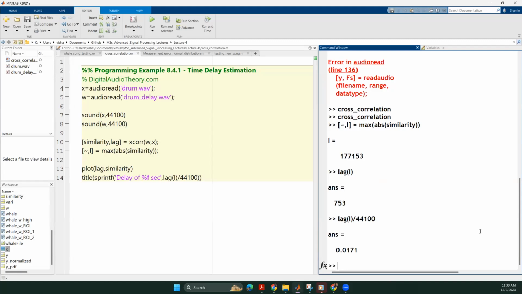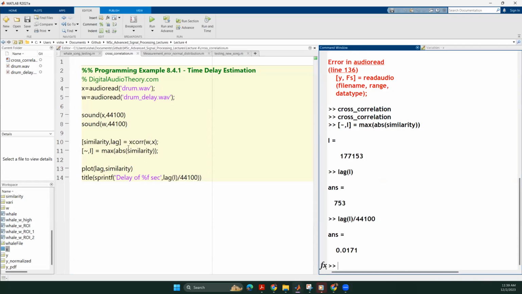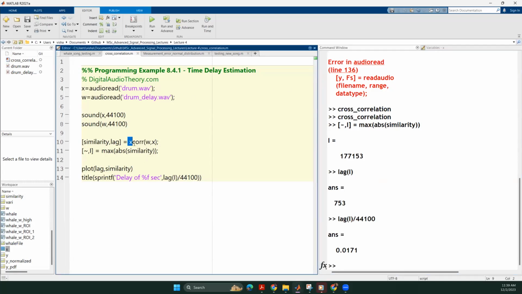Cross correlation functions are already available in the MATLAB software. We learned the mathematical definition of cross correlation, and that is available as a function in MATLAB, given by the xcorr function.